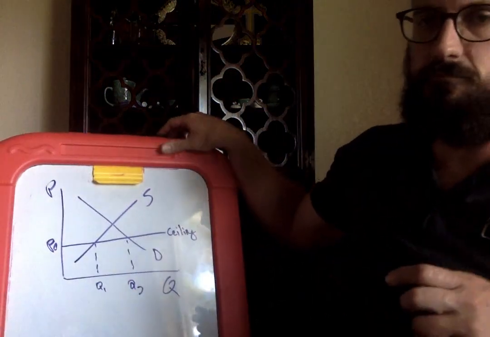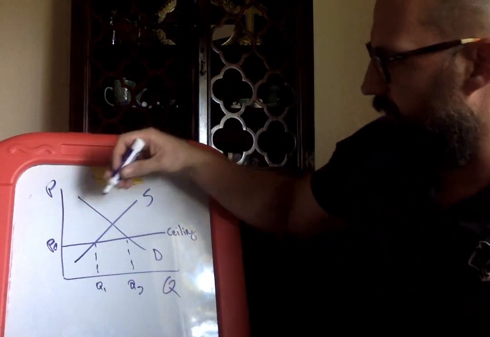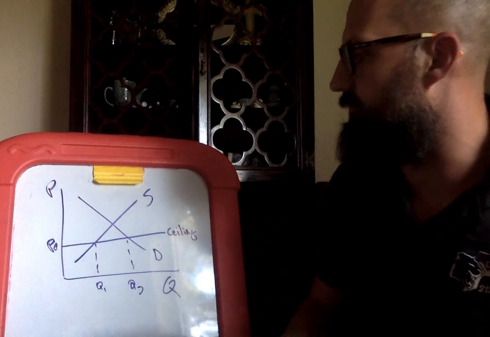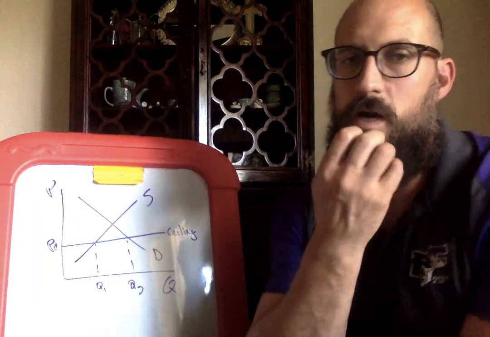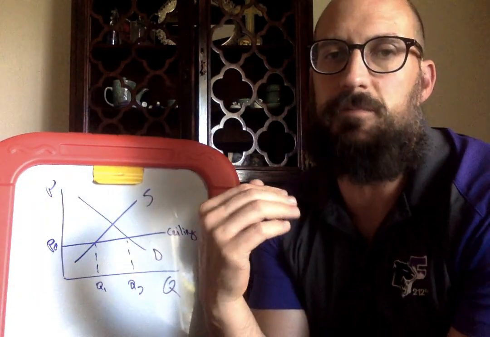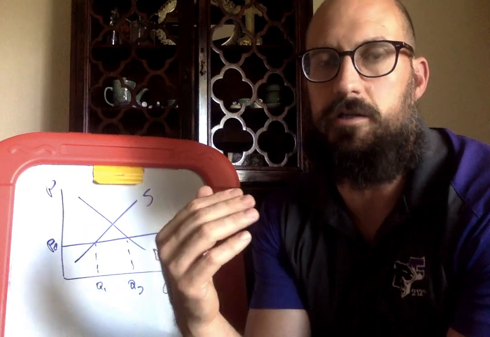And so this is a price ceiling that would be P sub E for the price. So what is a ceiling? It's the maximum legal price a seller can charge for a product, right?